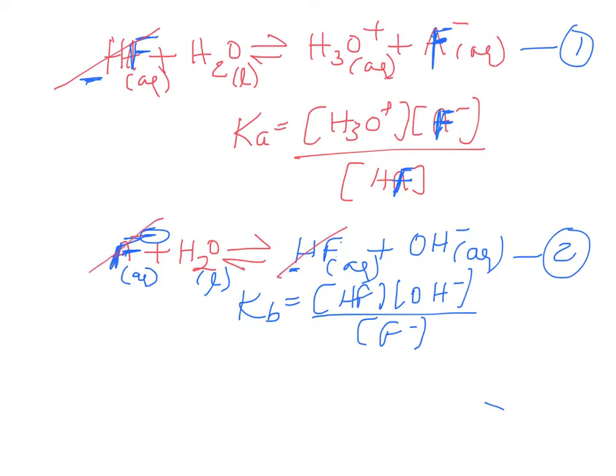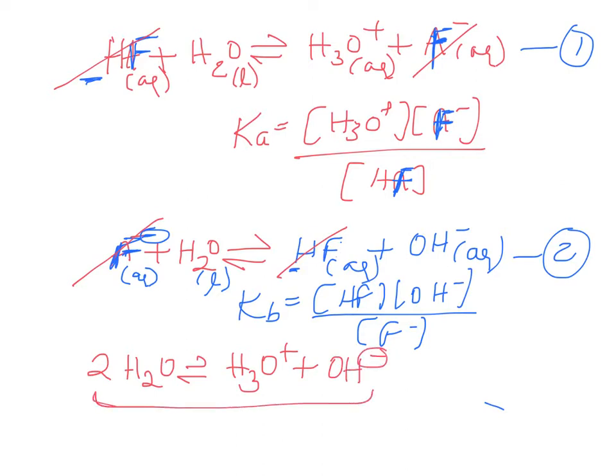Likewise, the F minus on the left side and the right side will cancel off, and you would basically have 2H2O in equilibrium with H3O plus and OH negative, which in other words is a neutralization reaction.